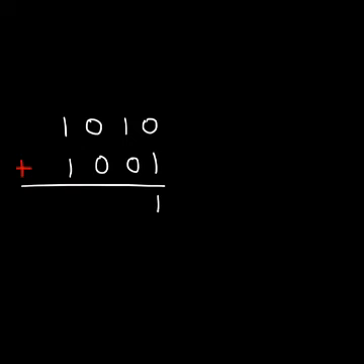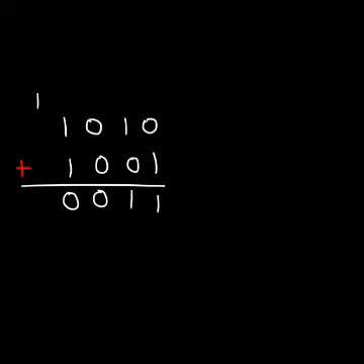In the next column we have 1 plus 0, which is also 1. And then for the third column, 0 plus 0, which is 0. And then for the last one, it's 1 plus 1, which is going to be, based on the last two examples, 0, but you need to carry over a 1, so you get 1, 0.